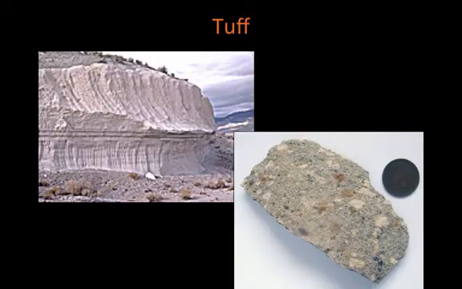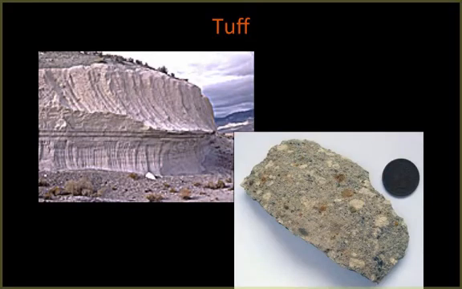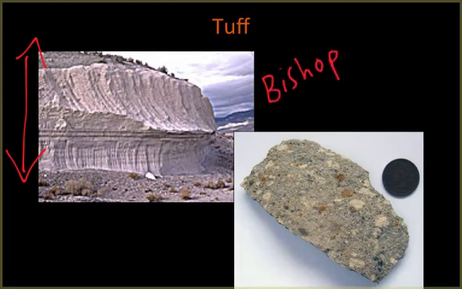Ash may be deposited and consolidated into thick piles of tuff. A tuff is a rock that is comprised mostly of ash-sized particles. In this case, this is the Bishop Tuff on the left-hand side, and this results from the Long Valley caldera in eastern California.